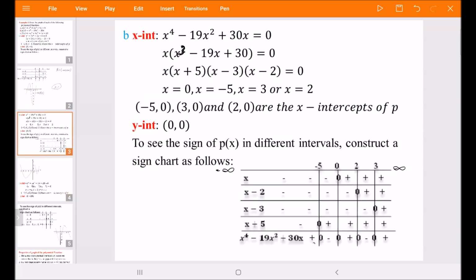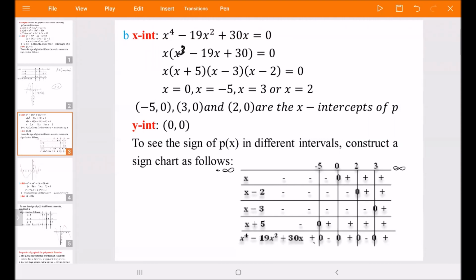Again, we return to the sign chart. Between 2 and 3, the graph of this polynomial is negative, meaning it stays below the x-axis and forms a valley. Then after forming this valley, it should return to the x-axis and cross it at x equal to 3.